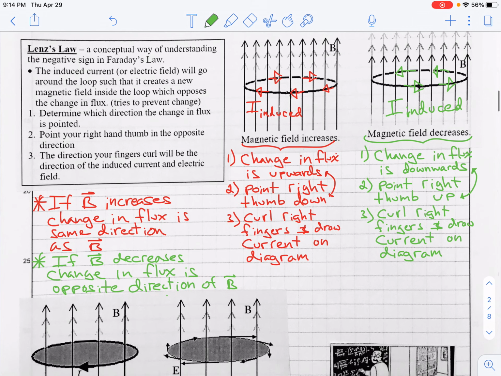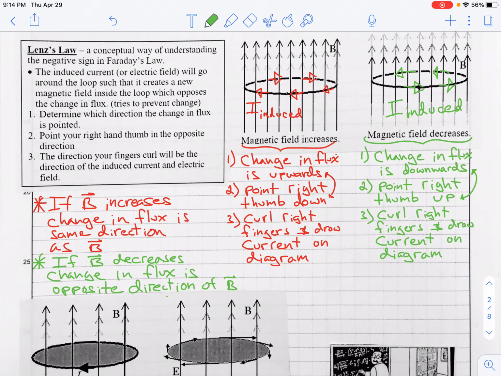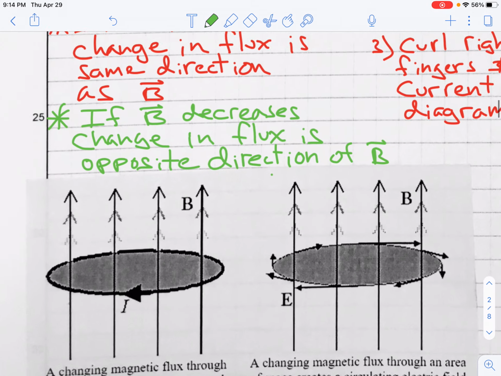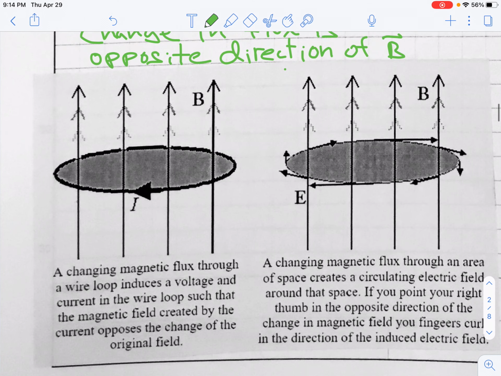The very bottom of this page just kind of sums up what we just went over. Changing magnetic flux through a wire loop creates a voltage and a current in the wire loop such that the magnetic field created by the current opposes the change in the original magnetic field.